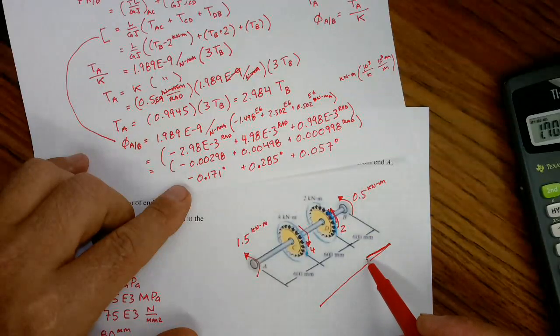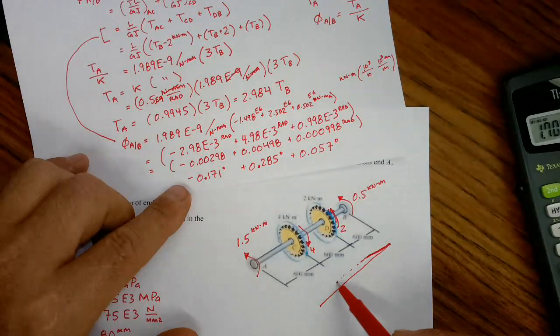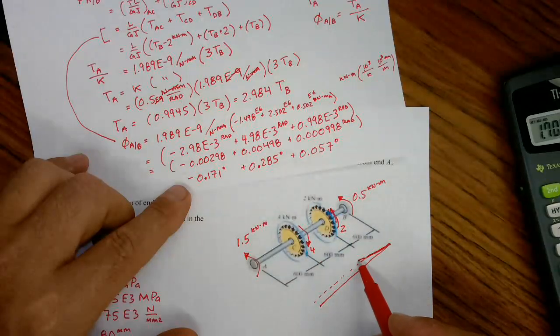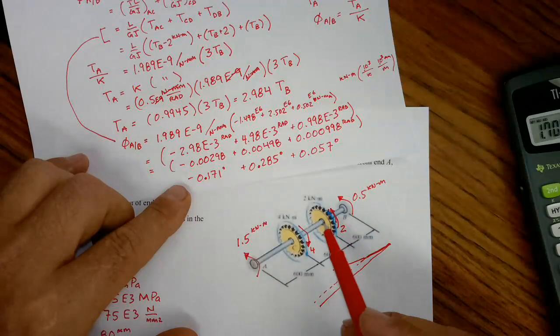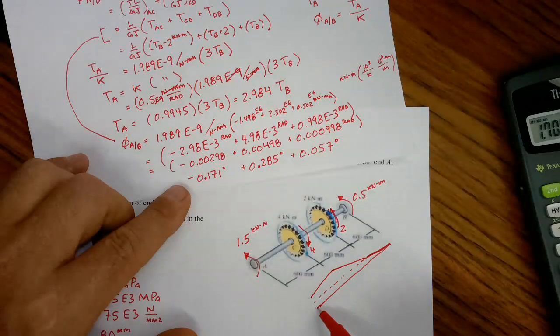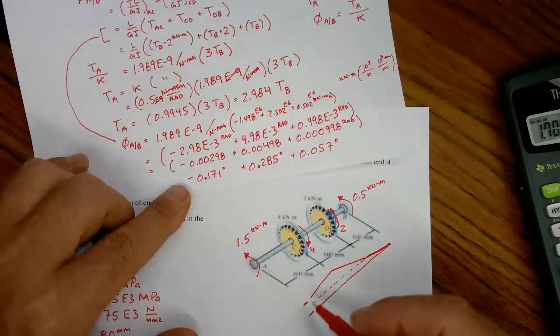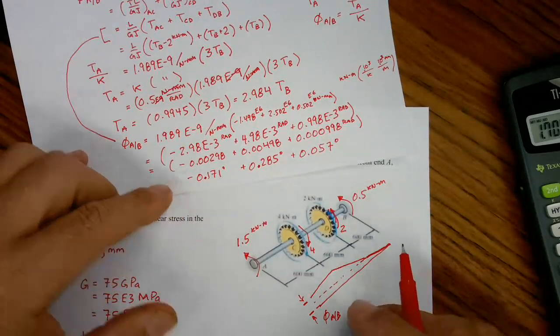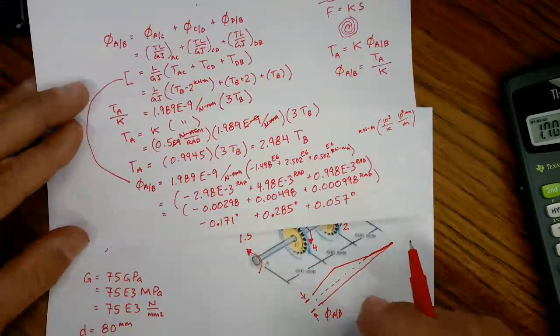So then the additional, let's say that takes us up to there. And then we get another 0.285. But then the applied torque brings it back down. And this amount right here is going to be A with respect to B, which we didn't quite calculate yet.